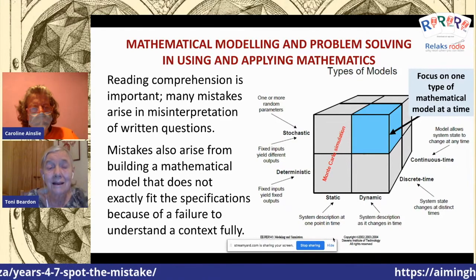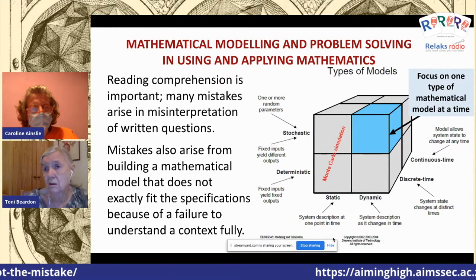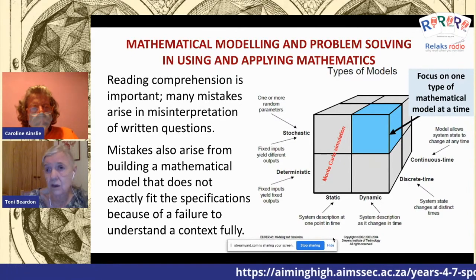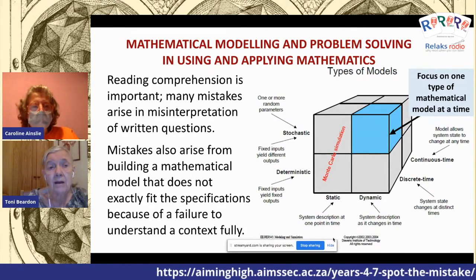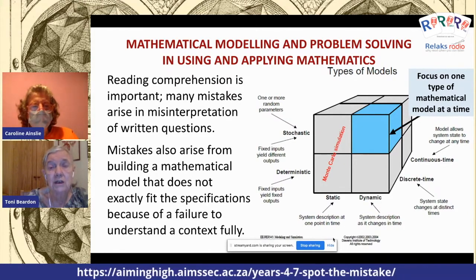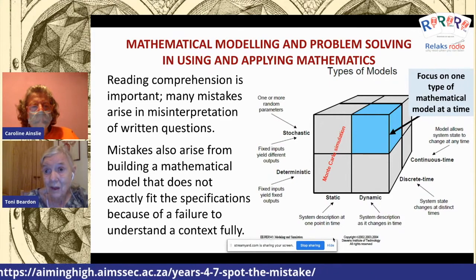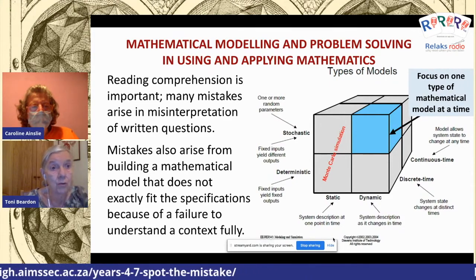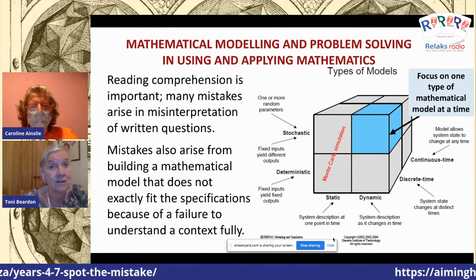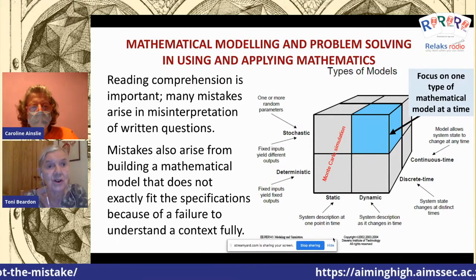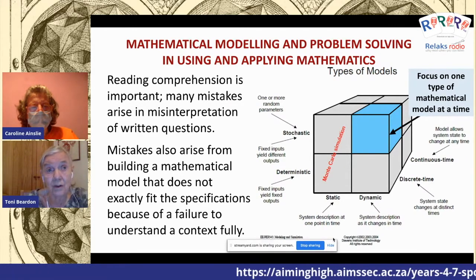In either case, mistakes can arise. We're talking about making mistakes, spotting mistakes. And spotting those mistakes helps you to get it right, to actually solve the problem in a way that's leading to a good solution that will be useful.